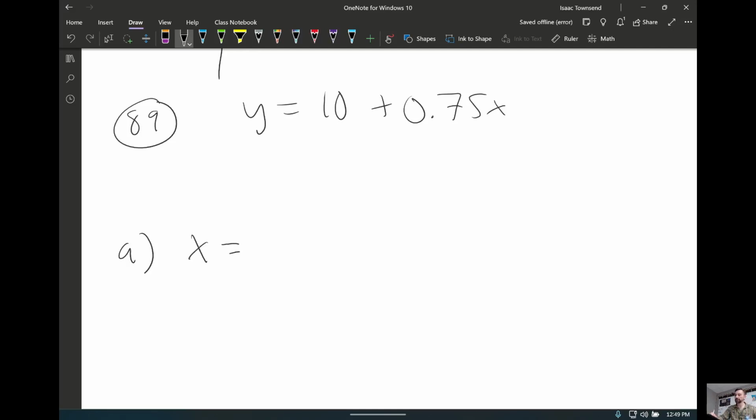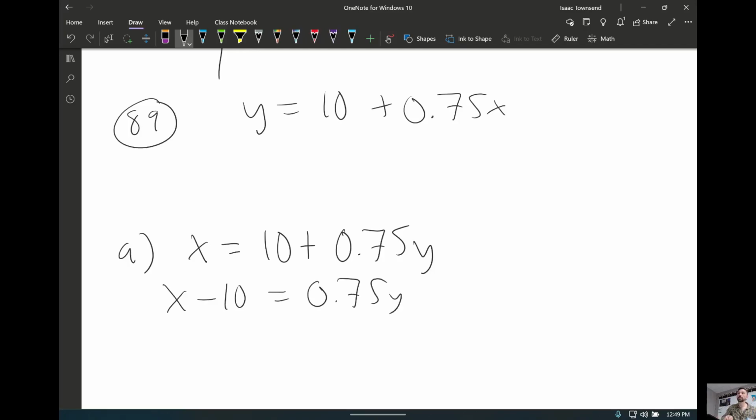Just switch x and y, and then solve for your new y. So undo the plus 10. Undo the timesing by 0.75. And now this is its inverse.